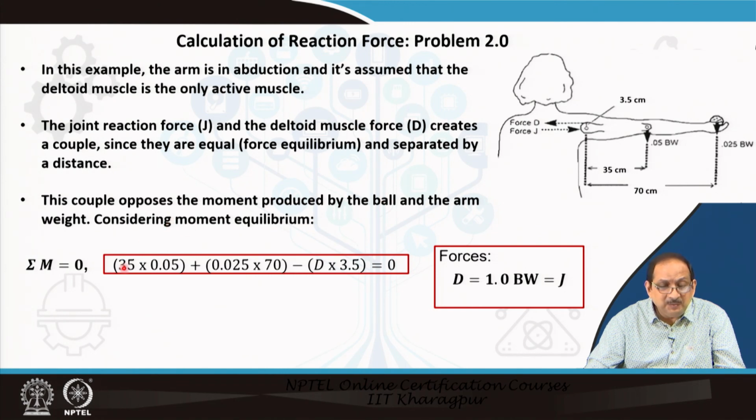Considering the moment equilibrium, we can write down the equation as indicated in the slide, from which we can calculate a revised deltoid muscle force as 1 times body weight, which is also equal to the glenohumeral joint reaction force as indicated in this problem.